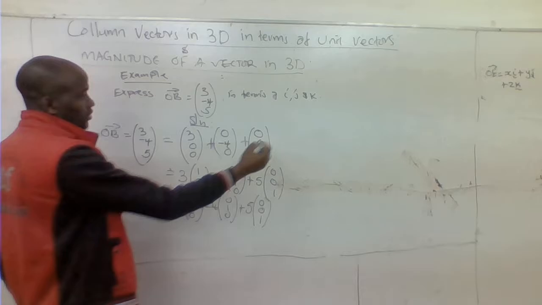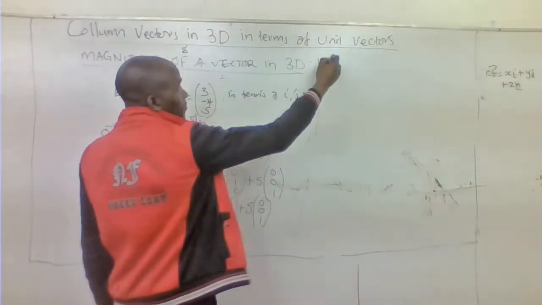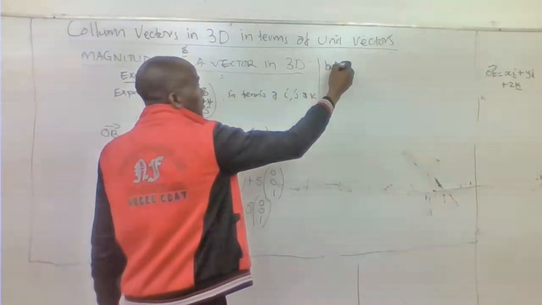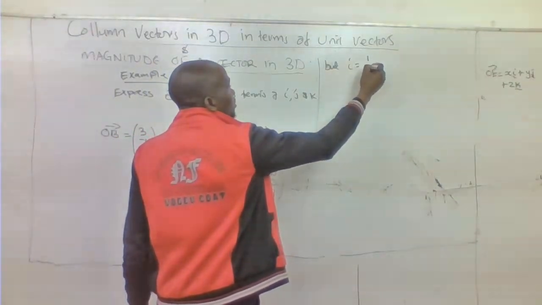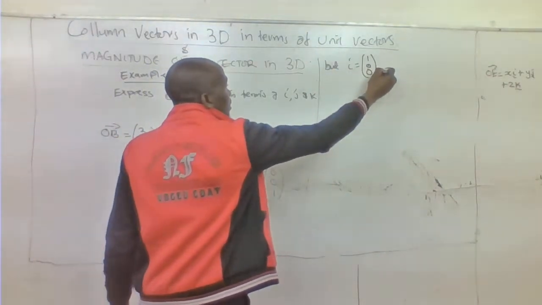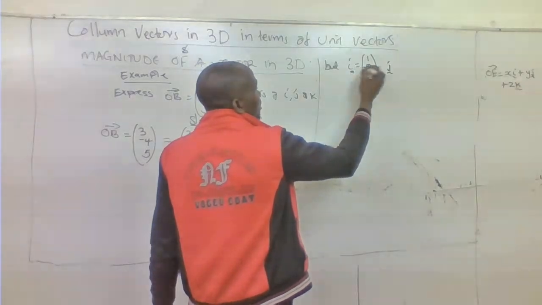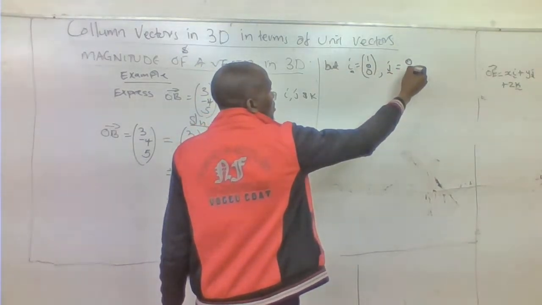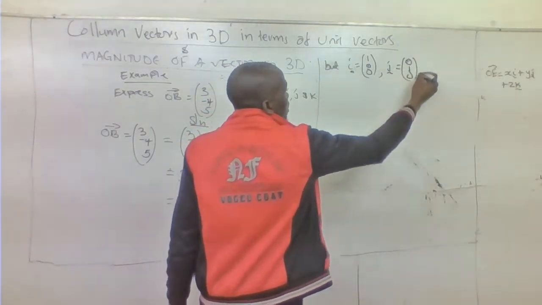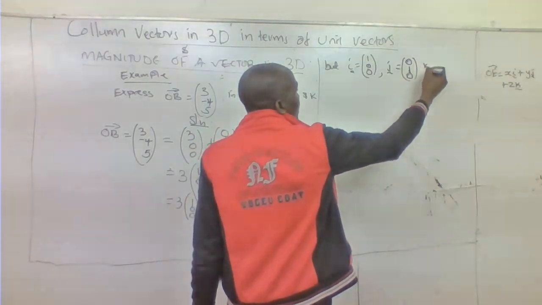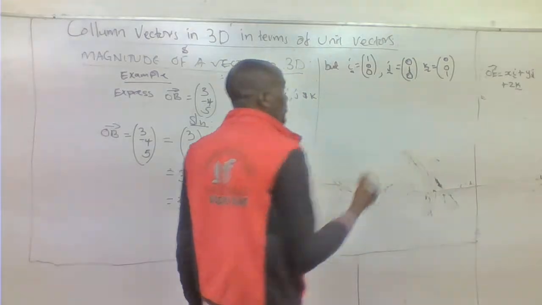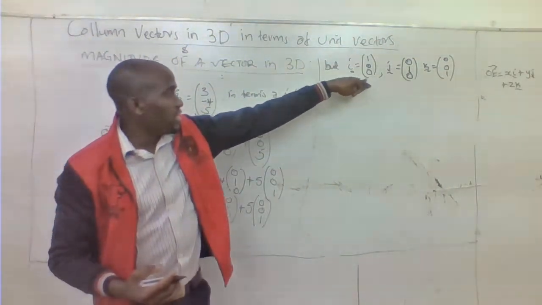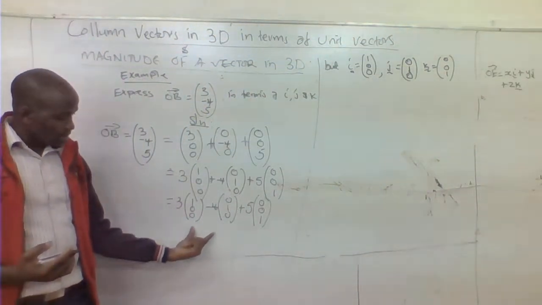But we know that vector i equals (1, 0, 0), vector j is (0, 1, 0), and vector k is (0, 0, 1). So wherever we have these, we substitute them back into our equation.